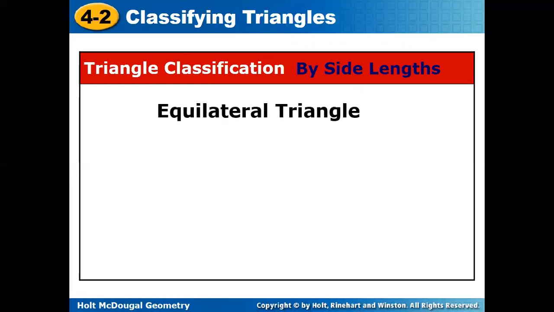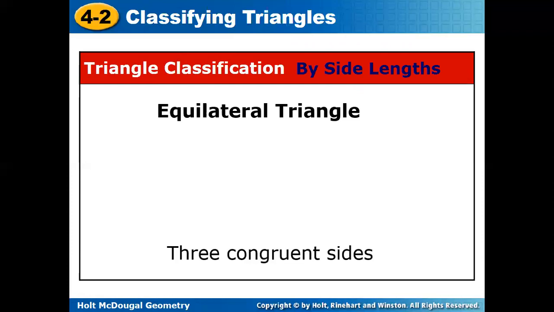Let's see. The second classification of the triangle we have is by side lengths. The first one is the equilateral triangle.